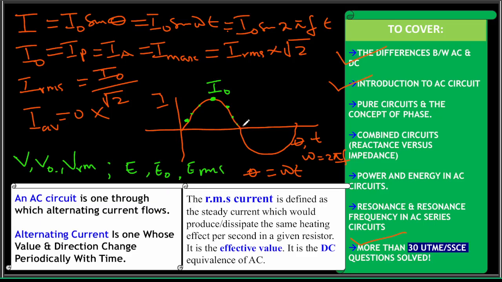At this point it is 0, at this point it is peak in the negative direction, at this point it is 0. From here to here is half a cycle, whereas from here to here is 1 cycle. Now let me explain the relationship between time and the phase angle.